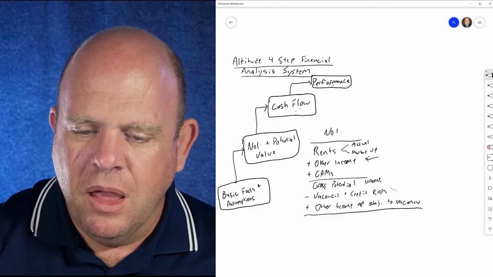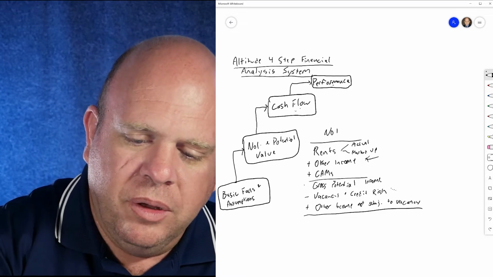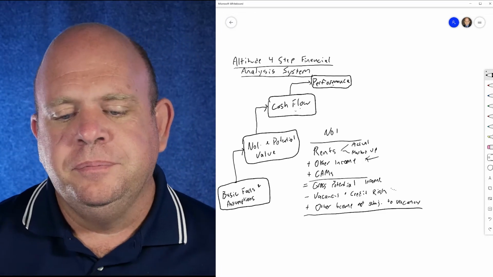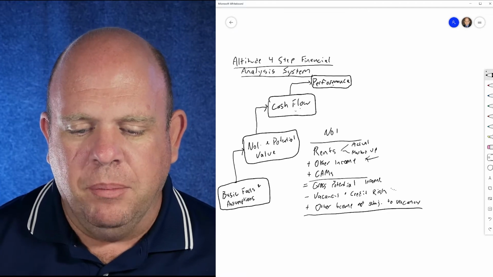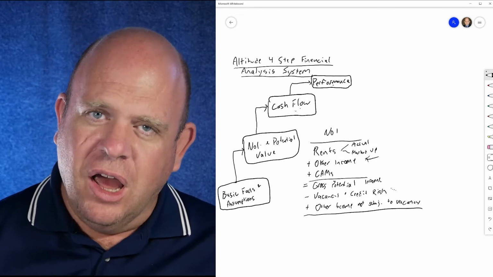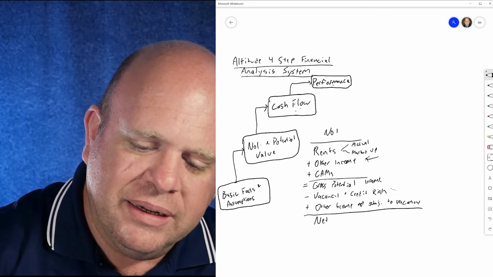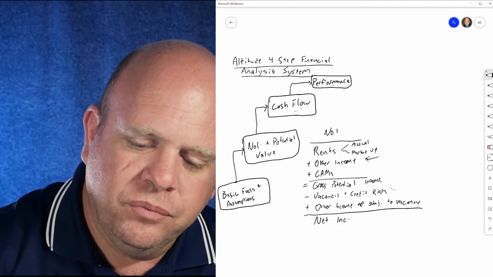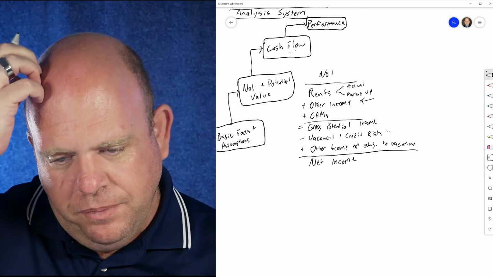So after we do this, let me make this clear, this is an equal sign. After we figure out what our gross potential income is, subtract our vacancy and our credit risk, and add back the other income that's not subject to vacancy, now we have our net income.